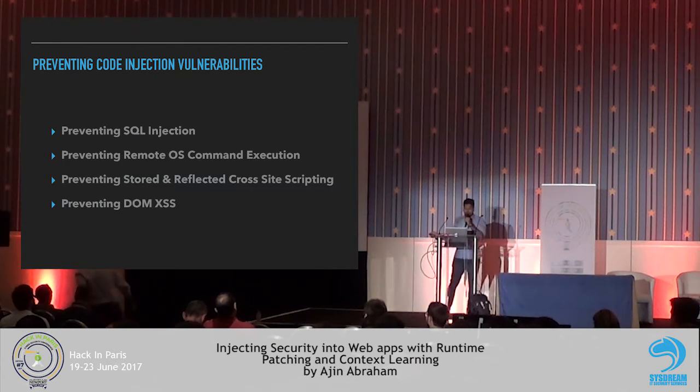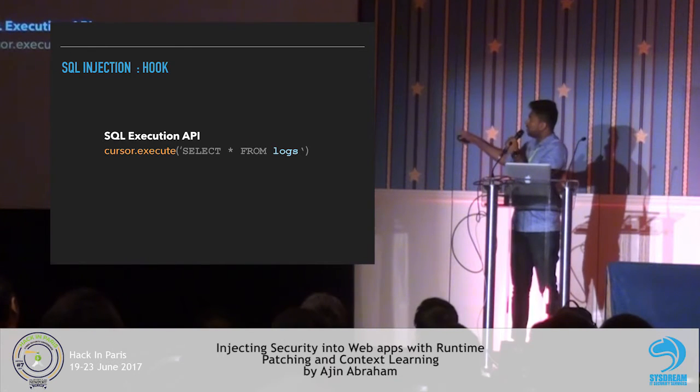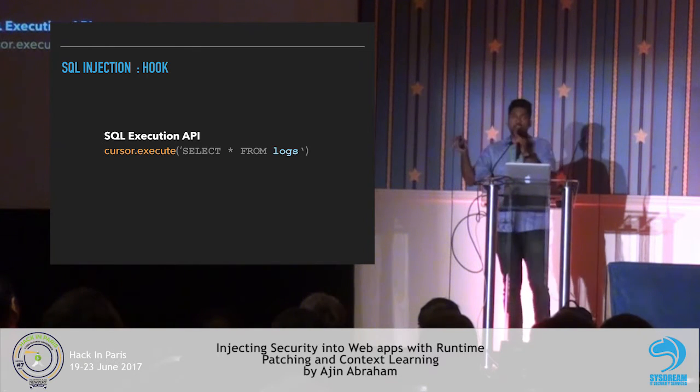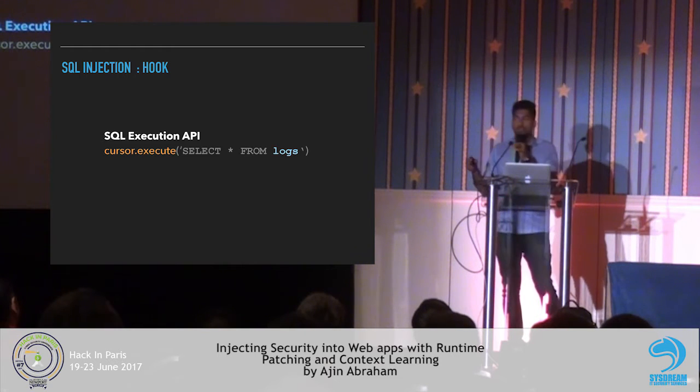So let's take a look into how we are preventing SQL injection first. This is a simple SQL query, select star from user input, where user input is something that comes from the user. As per the terminologies that we learned before, we hook into cursor.execute. Before that, I'll be showing a sample Python application in which the RASP technology is implemented.